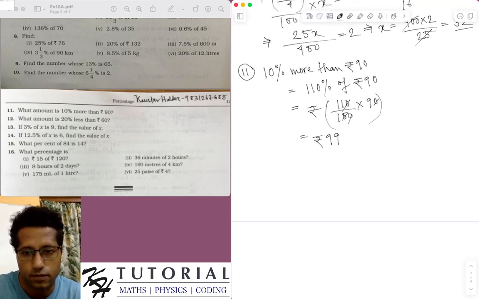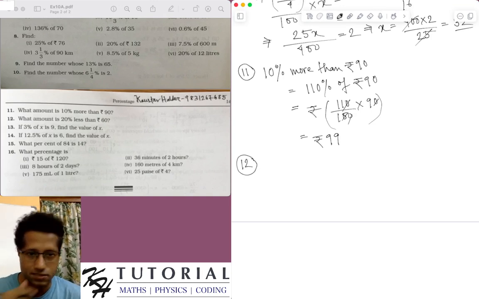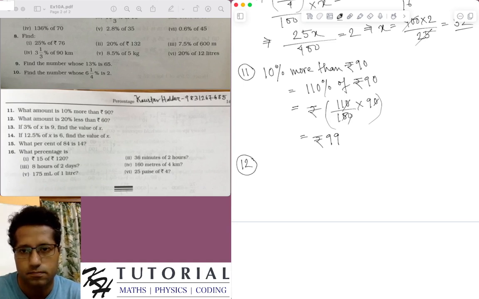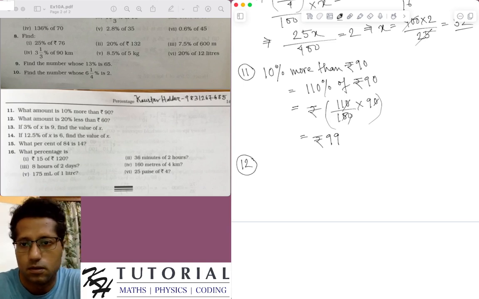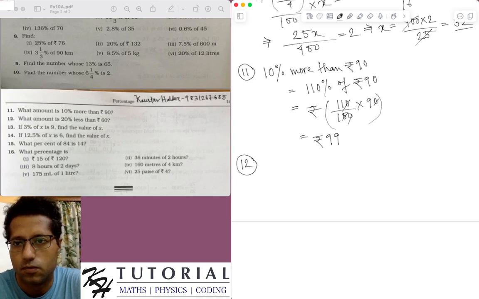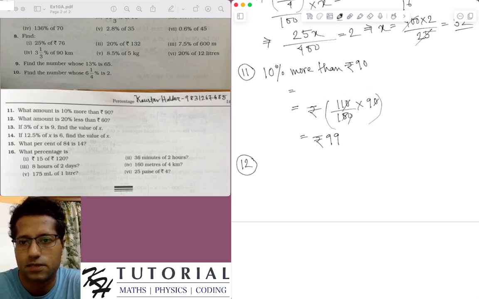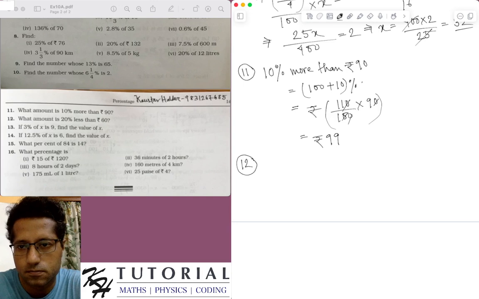Let's do question number 12. What amount is 20% less than rupees 60? So now, let me write it this way, it will be more understandable. 10% more than rupees 90 actually means 100 plus 10 percent of rupees 90.